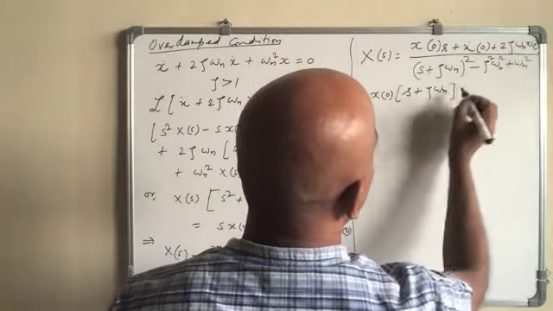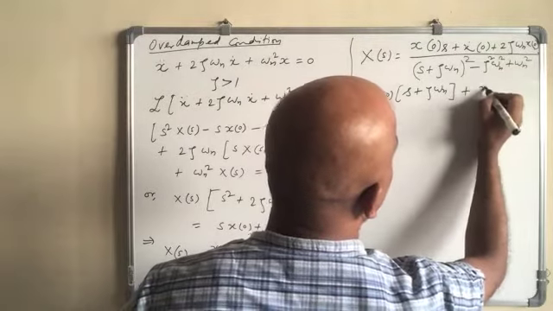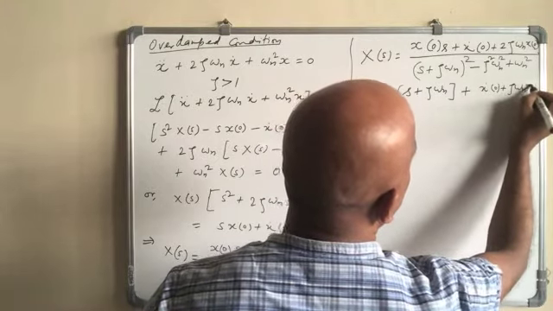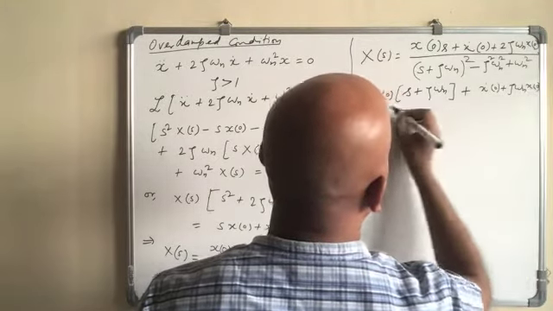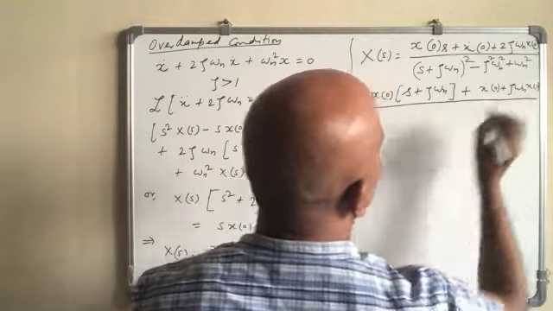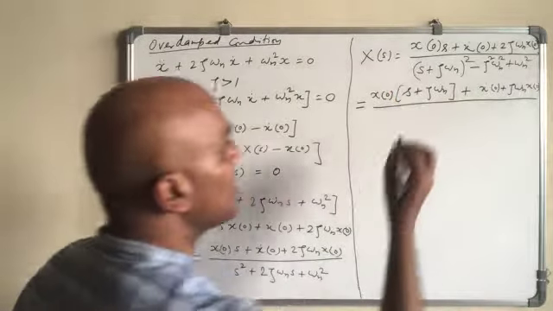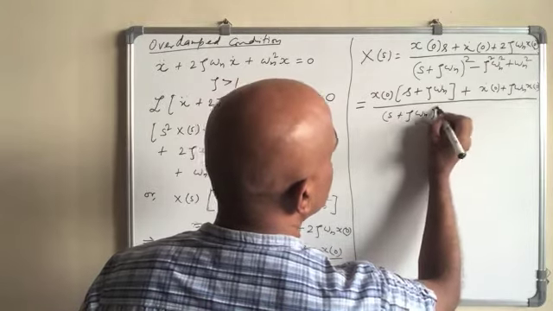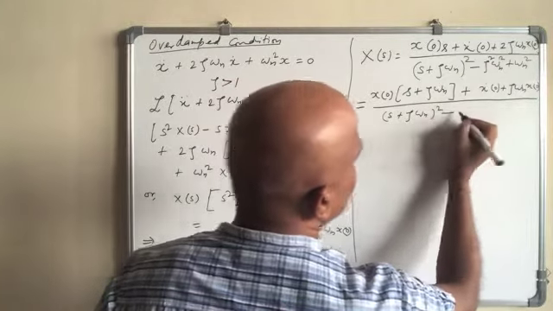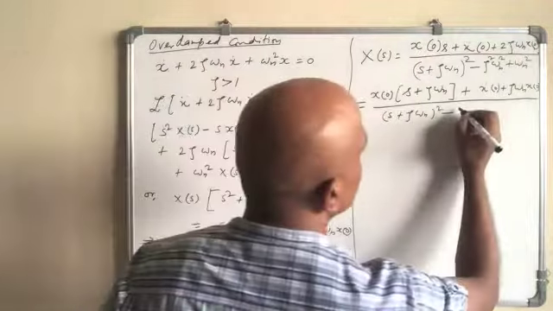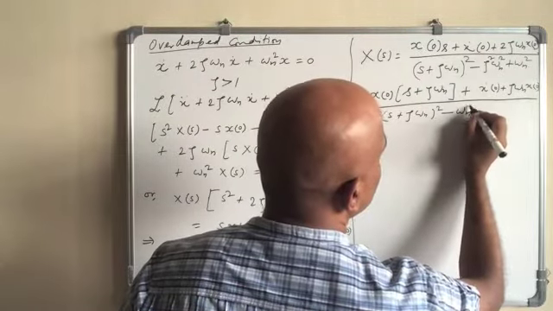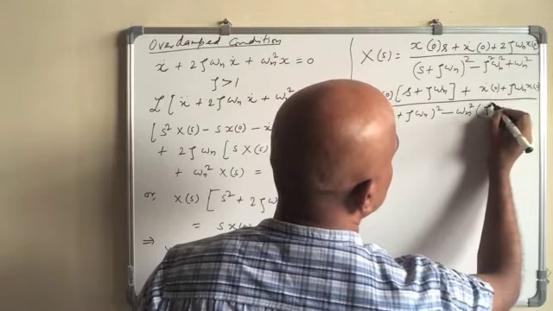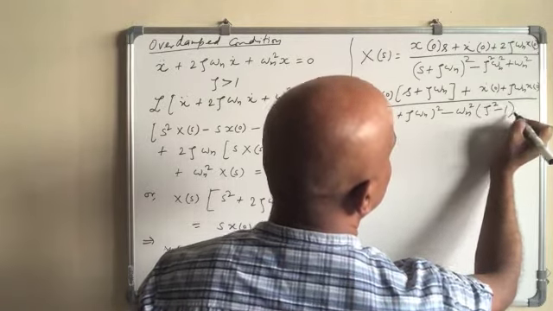Plus we have x dot 0 plus zeta omega n x0, and that is divided by s plus zeta omega n whole square, and we have minus omega n square times zeta square minus 1.